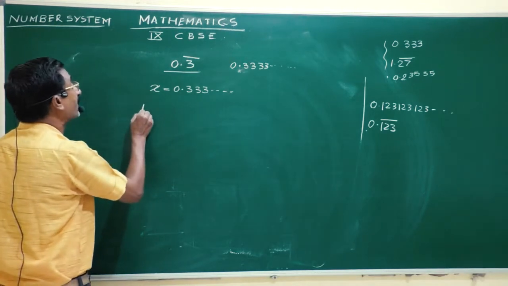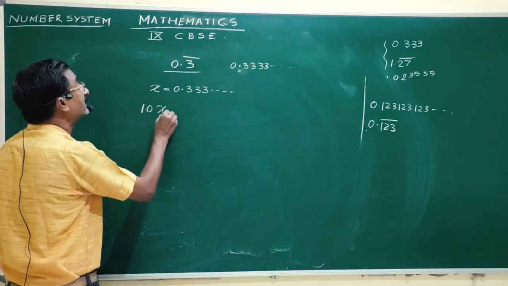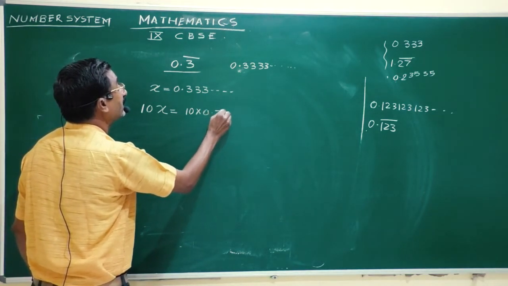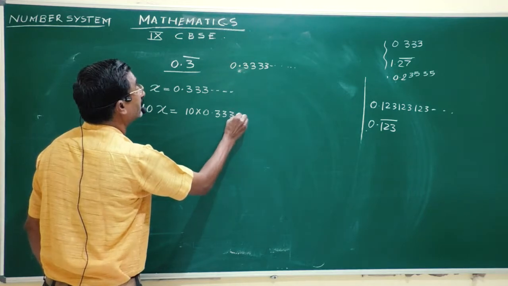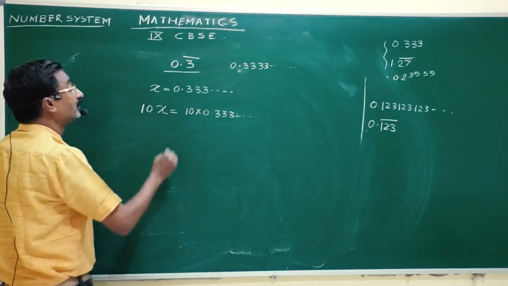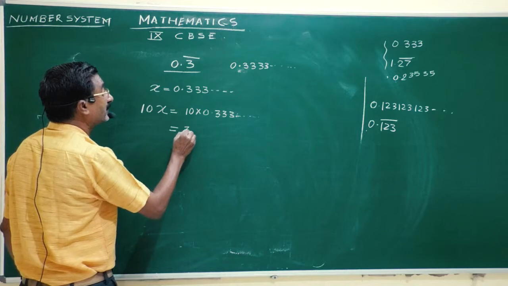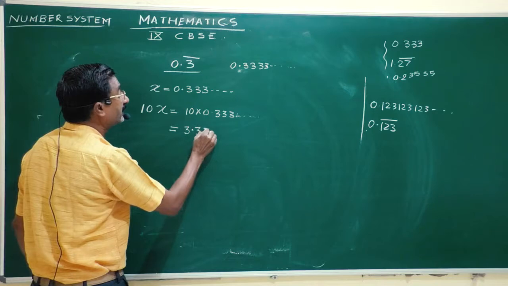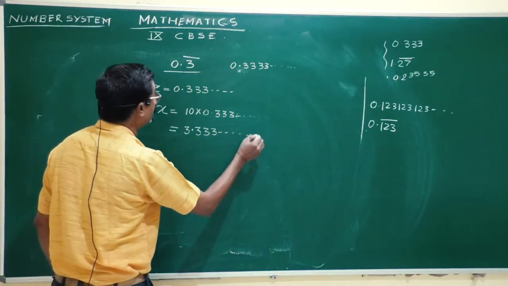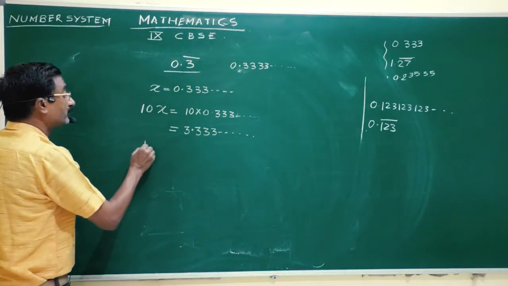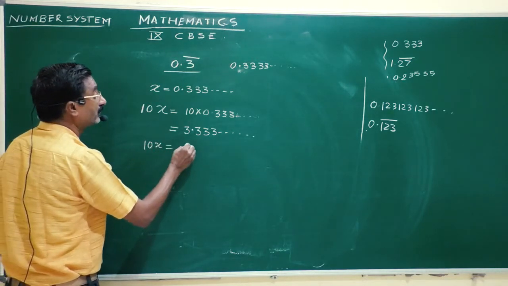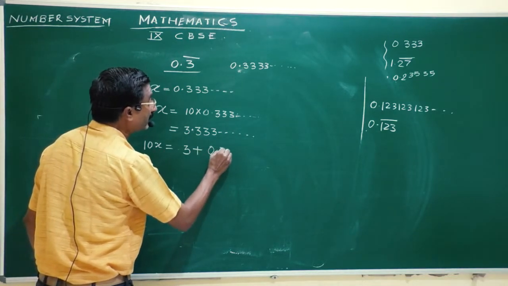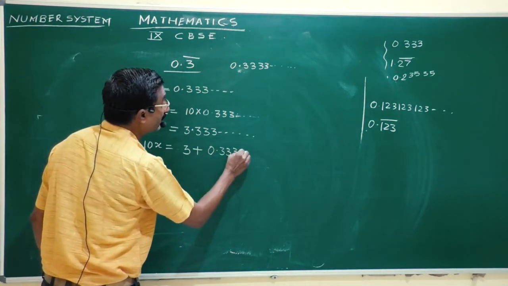Now I will multiply 10 on both sides, that is 10x is equal to 10 multiplied by 0.333 and so on. So this value becomes 3.333 and so on.